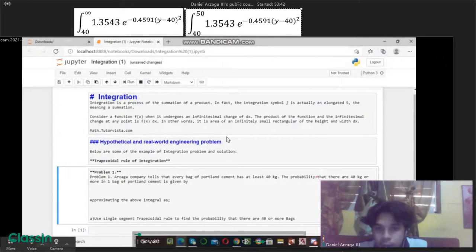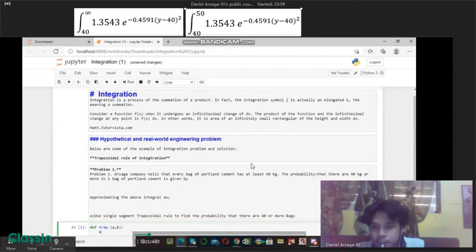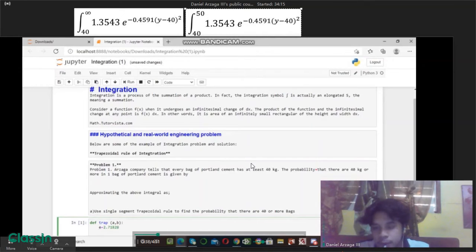Then, type define trap open close parenthesis A, comma B. For E or exponential, in the calculator it equals 2.71828. That is the exponential.